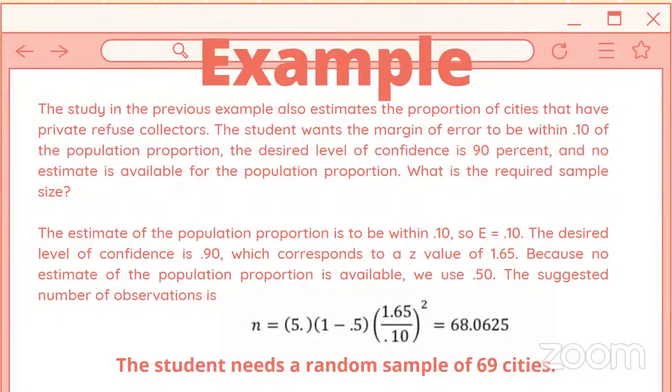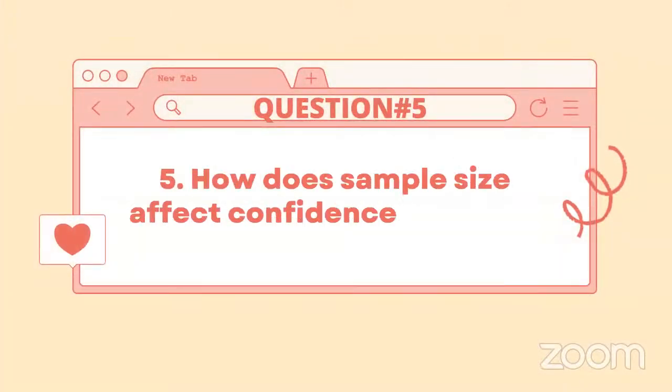The suggested number of observations is n equals 0.5 times (1 minus 0.5) times (1.65 over 0.10) raised to 2, and the final result is 68.0625. And the student needs a random sample of 69 cities. And we'll move on to another question. Question number 5. How does sample size affect confidence interval?